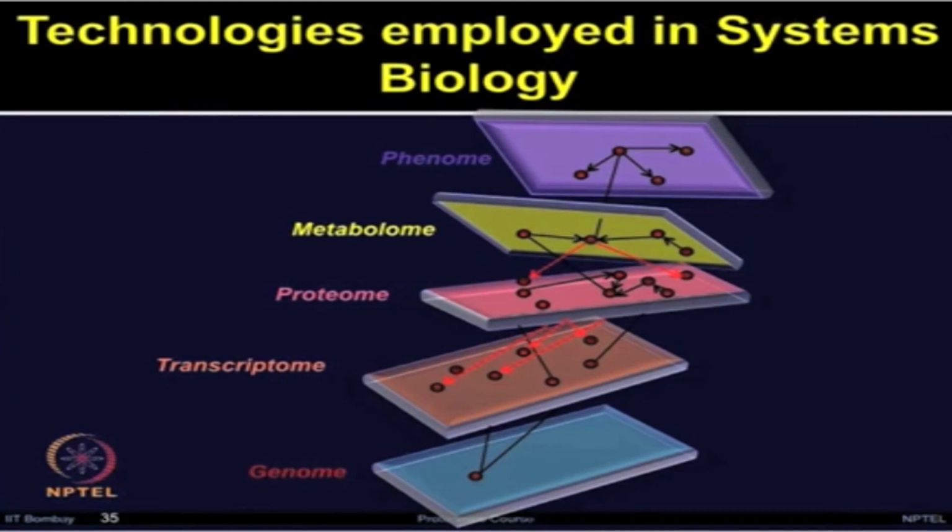So, as you can see here, to generate the systems level information, the system study requires different types of technologies which could be employed in the biological systems at genome level using high throughput sequencing, high density arrays, transcriptomics, different types of transcriptome analysis using RNA sequencing and microarrays, proteome, we discussed many methodologies, metabolome could be either using NMR or mass spectrometry, and then phenome, which is studying the images by using PET or NMR methods.